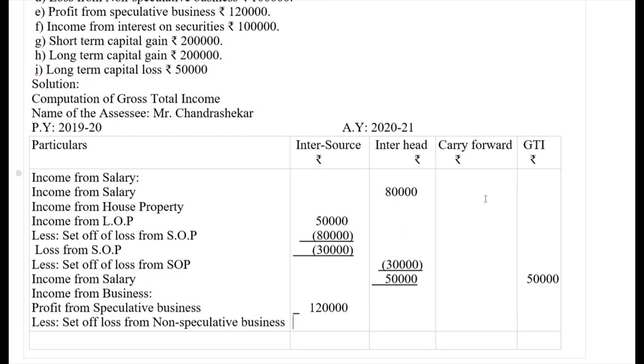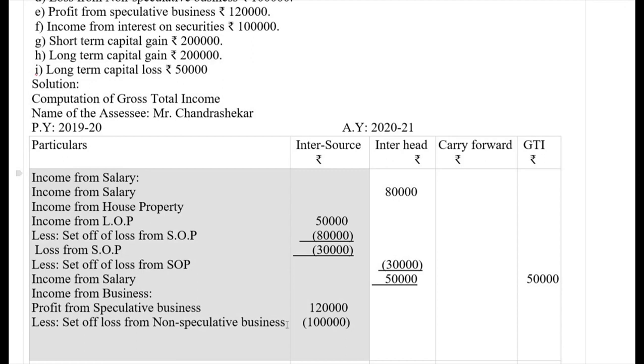1,20,000, whereas the loss from non-speculative is given as rupees 1 lakh. Let me put this in the bracket. So 1 lakh. Let me underline this here.